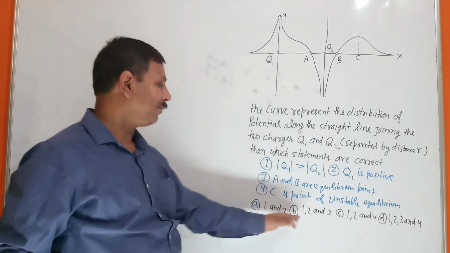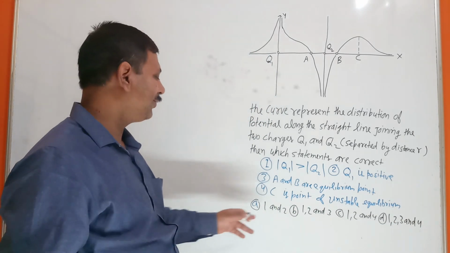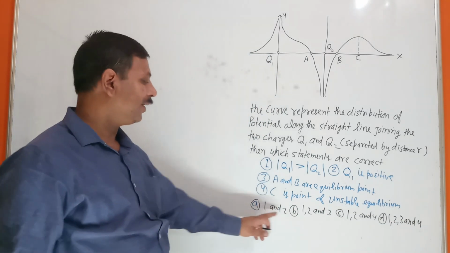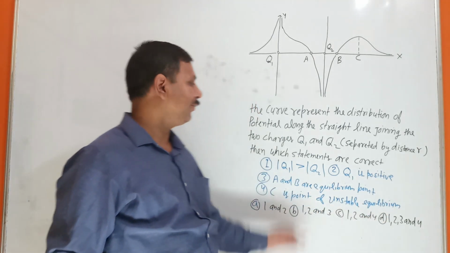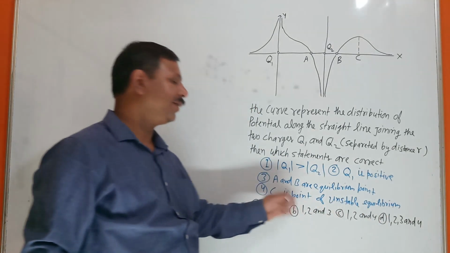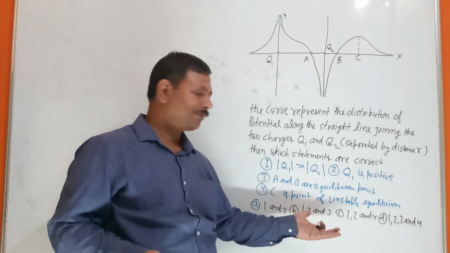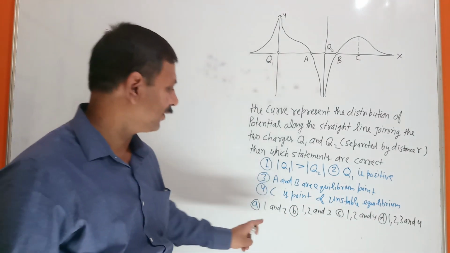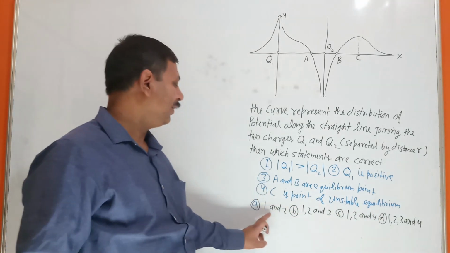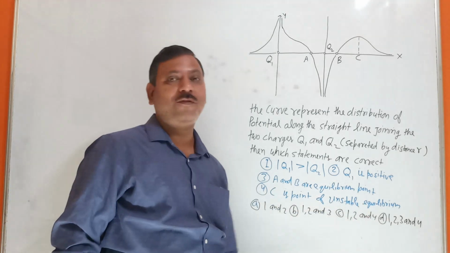Actually, by the options we can easily understand that 1 and 2 are in all of these, so 1 and 2 will be 100% correct. Only 3 and 4 are left to check.